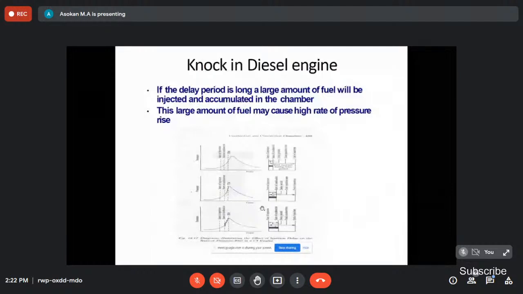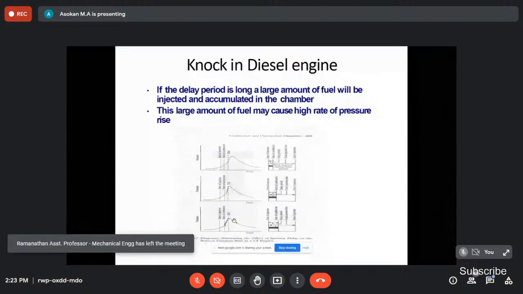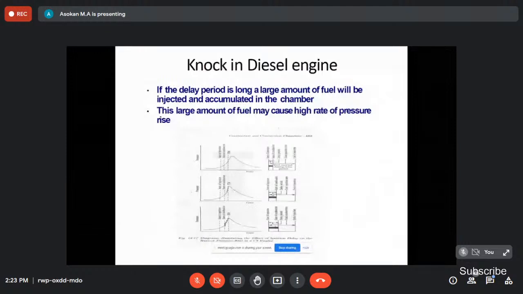A large amount of fuel accumulated here, so suddenly combustion happens, and because of this there are many vibrations, which is knocking. So we can reduce the delay period to get smooth operation of the engine. Take care of this one.